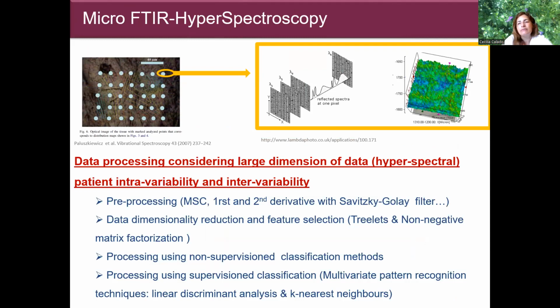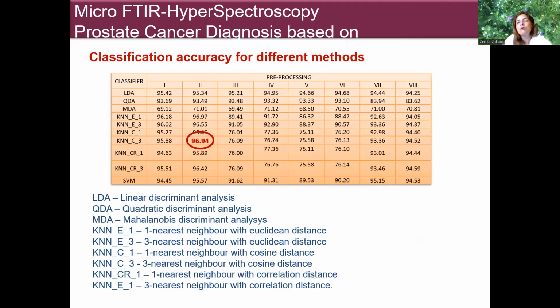So we made a very complex data processing analysis. Not only did we apply different techniques for spectra pre-processing, but we also reduced data and then evaluated different types of data processing, supervised and unsupervised algorithms. We compared all these combinations of pre-processing and processing of all these spectra, and we were able to achieve an accuracy of 97% in predicting prostate cancer.